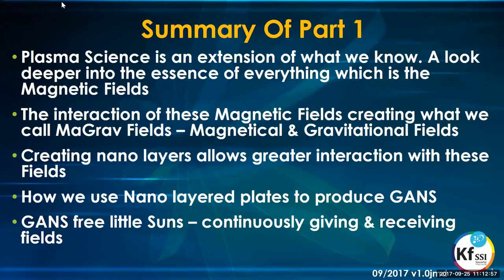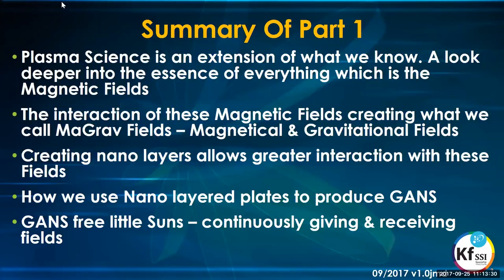It's the interaction of these magnetic fields creating what we call maggrav fields, which are magnetical and gravitational fields. It's a slightly different concept from what we've understood as attraction and repulsion. We create nano layers, which allow for greater interaction with these fields around us, and we can use them as filters so that we only work with certain fields.